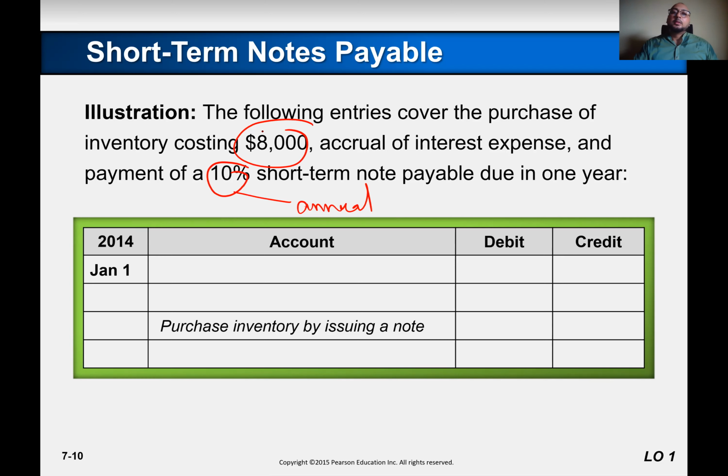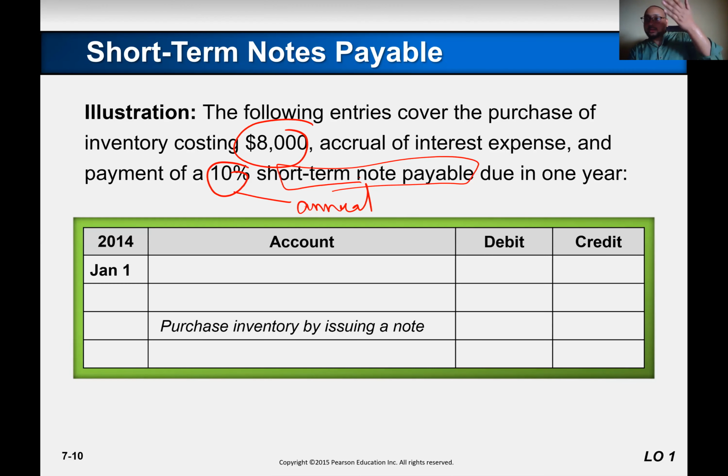Okay. So on January 1st, you purchase inventory and you write it down, notes payable. What would be the entry? Accounts payable, right? But remember, you write it down, notes payable. So this is not an accounts payable. This would be short-term notes payable.